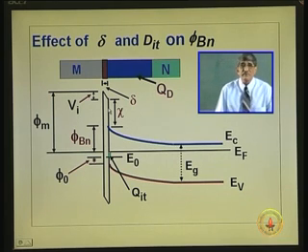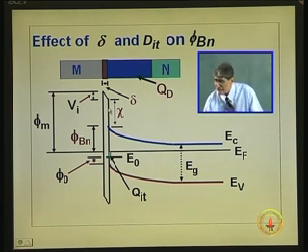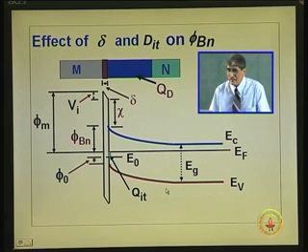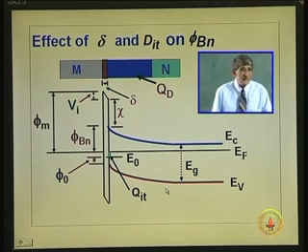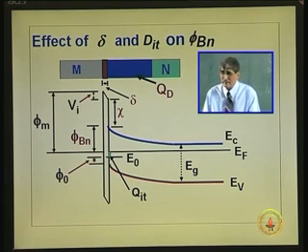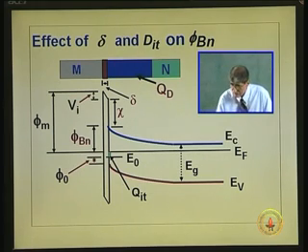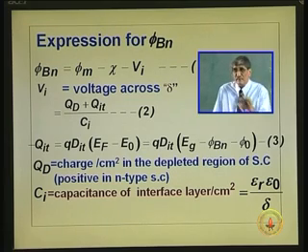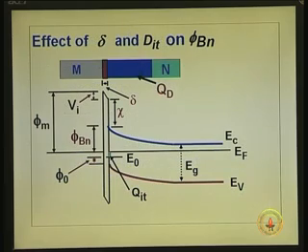What was the phi b n? Phi b n was phi m minus chi. Now, the difference between the old theory and the present theory is that phi b n is equal to phi m minus chi minus that extra drop that is present. So, you can see that there.